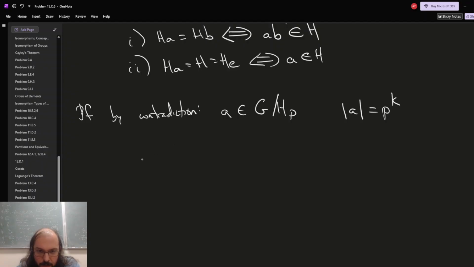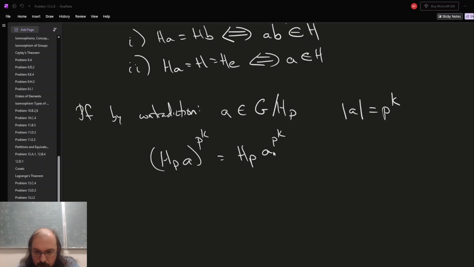Now, we know how to calculate (H_P a) to the p to the k. That is H_P a to the p to the k. And since this is the order, this is H_P e, or simply H_P. Because of the theorem, this implies that a to the p to the k belongs to H_P.